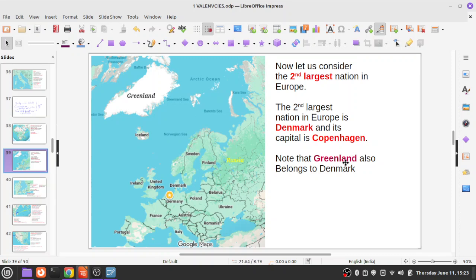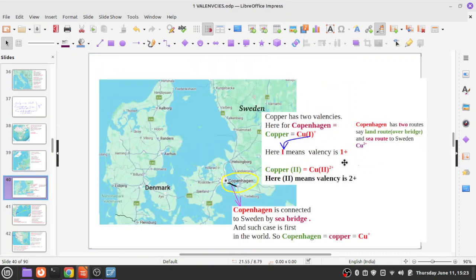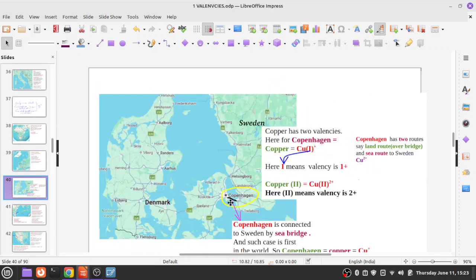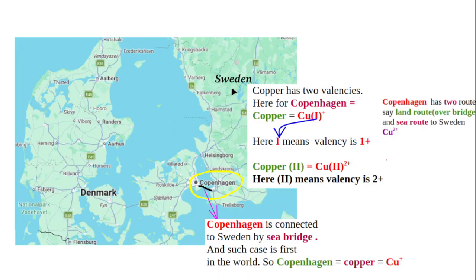Denmark's capital is Copenhagen. Beside Denmark, you will find another country called Sweden. Now the Denmark map is enlarged. Between Copenhagen and Sweden, there is a very narrow sea channel, and that narrow sea is connected by a bridge.